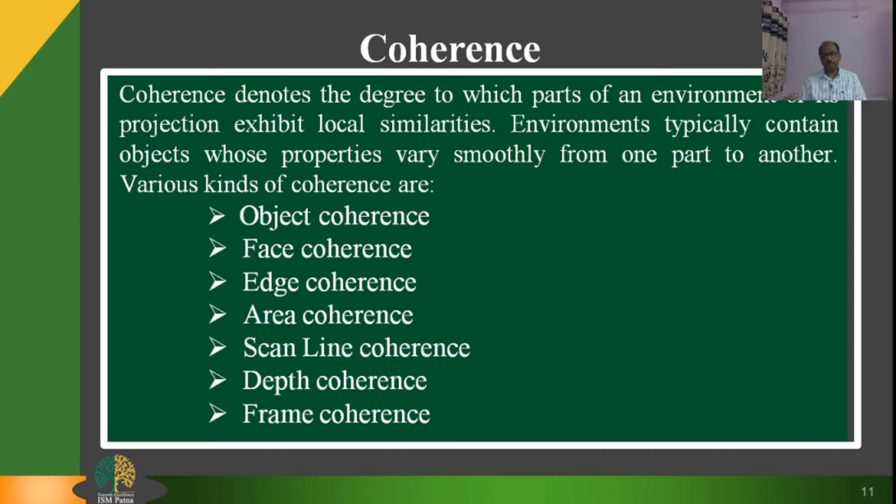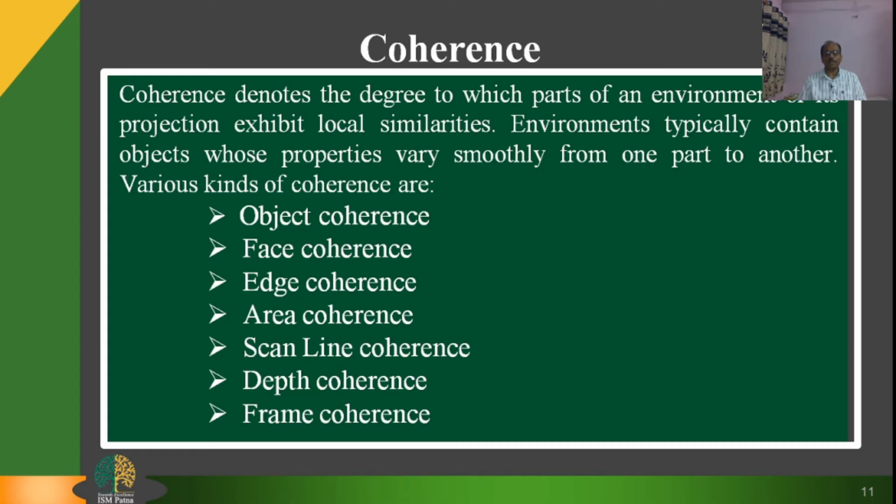Another one is face coherence, in which surface properties typically vary smoothly across a face, allowing computations for one part of a face to be modified incrementally to apply to adjacent parts. The next one is edge coherence, in which two edges are compared with one another.